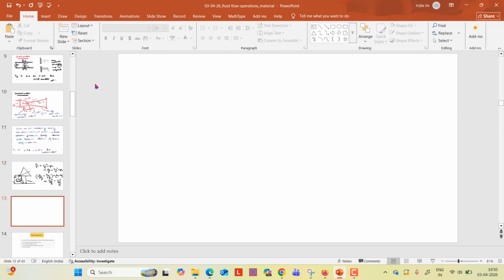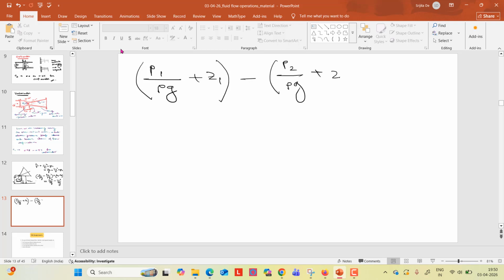If we rearrange a little bit, it will be P1 by rho G plus Z1 minus P2 by rho G plus Z2 equals V2 square by 2G common. It will be 1 minus the V1 square by V2 square ratio, which means A2 by A1 whole square, right?